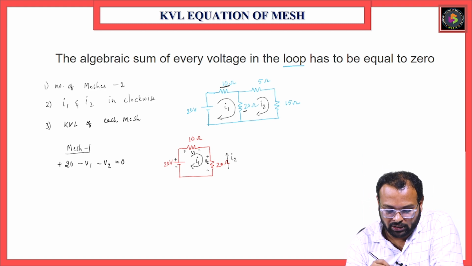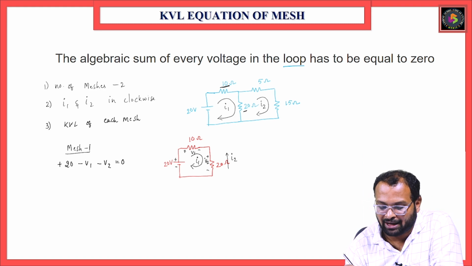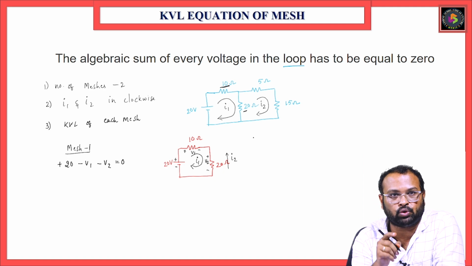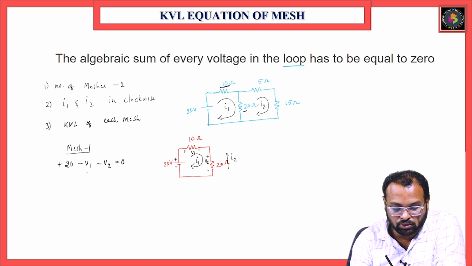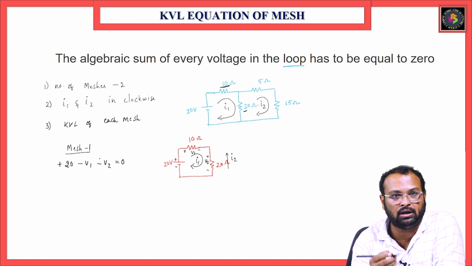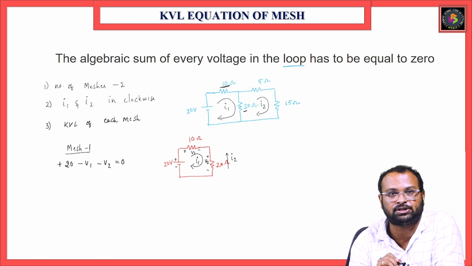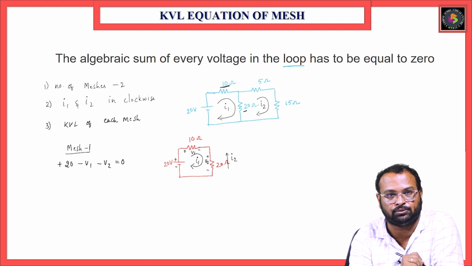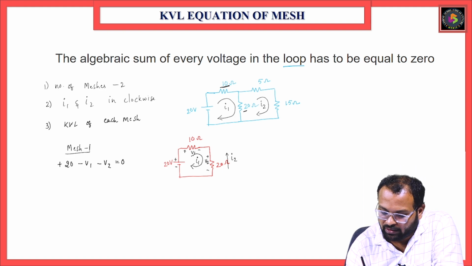Okay, but we are doing the mesh analysis. Our variables are I1 and I2. So that's why I told you in the third step, by using Ohm's law, we have to convert these voltages into terms of currents, the mesh currents we assumed, I1, I2. So what is V1?